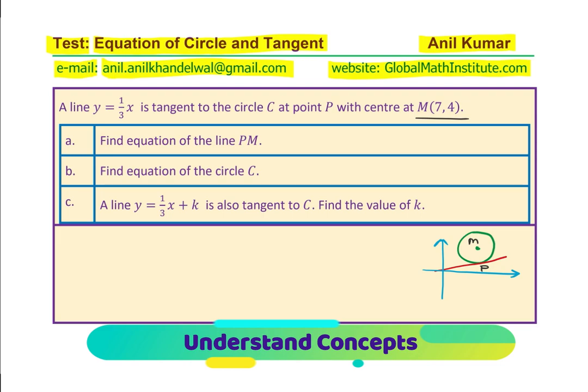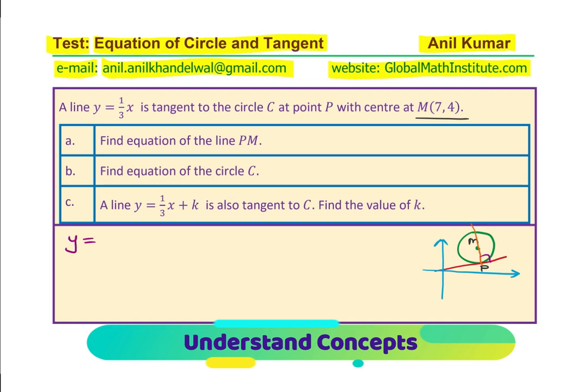If I connect P to M, then that is the line we have to find the equation of. Now, PM is the radius, right? And therefore, it has to be at right angles. Right angles means that the slope of PM will be the negative reciprocal of the slope of the line given to us, correct? So that gives you the concept.